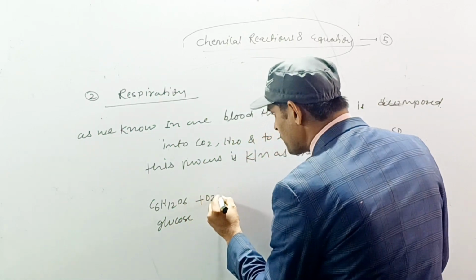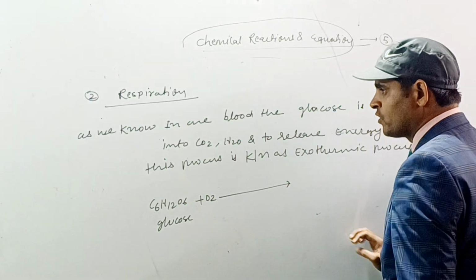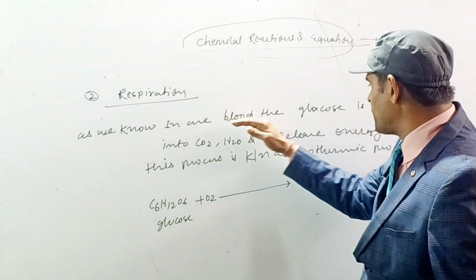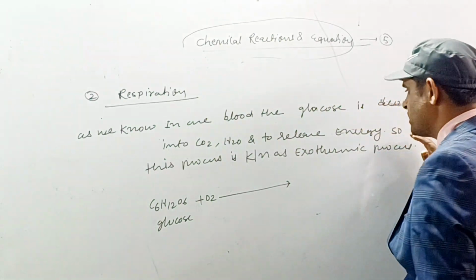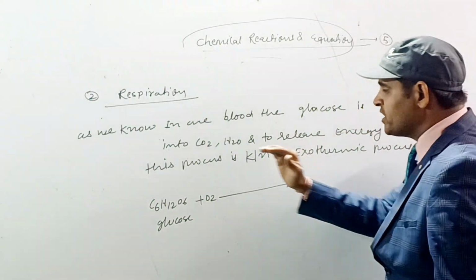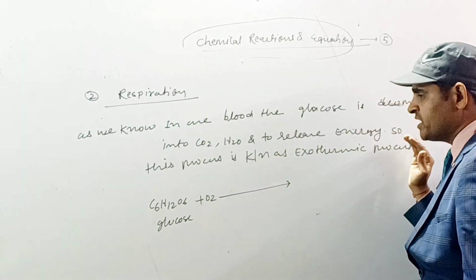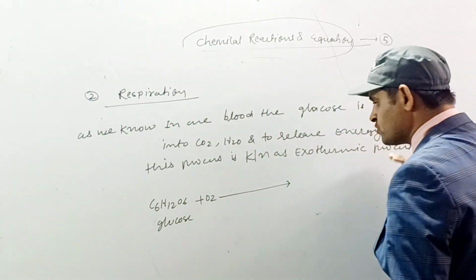In the presence of oxygen, the glucose is decomposed into CO2 and H2O to release energy, and this process is known as exothermic.